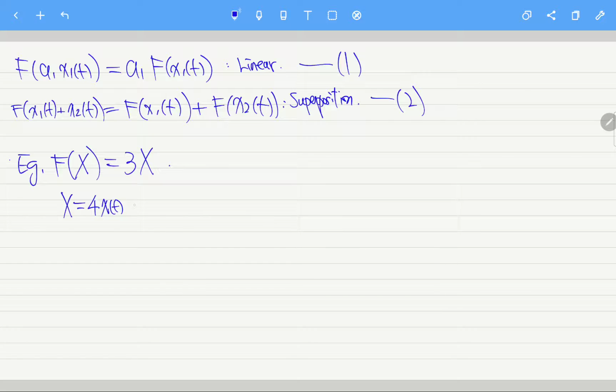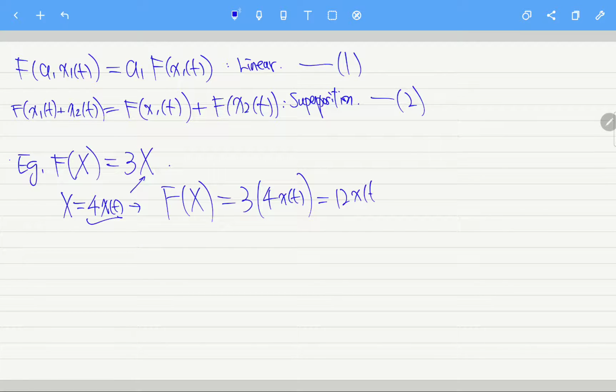So if I just put this one into equation 1, on the left side we have f of x, which is this one put into here. So we have 3 times 4 x of t, which is 12 x of t.